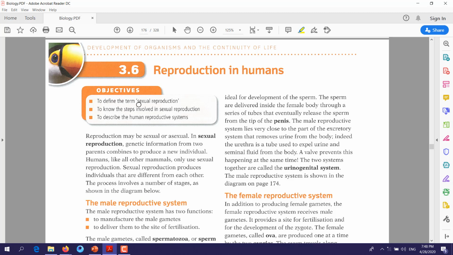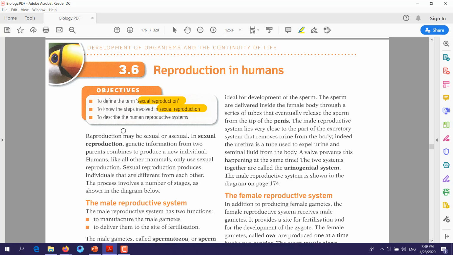The objectives for this lesson are: firstly, you should be able to define what is meant by sexual reproduction. Then you should know the steps that sexual reproduction involves. We will see this process of sexual reproduction, and through how many steps it happens.